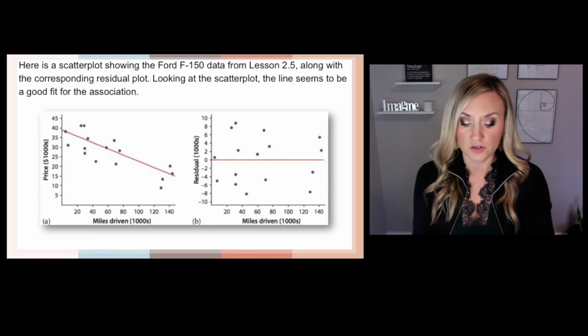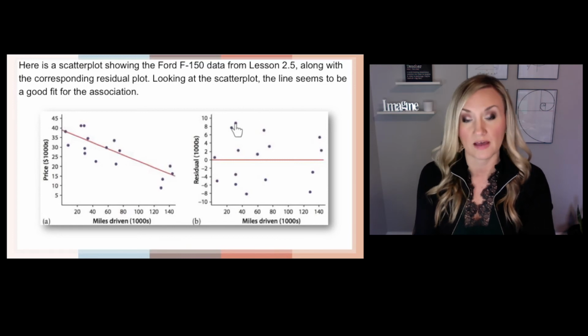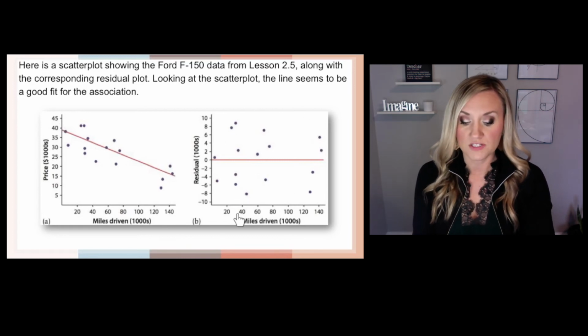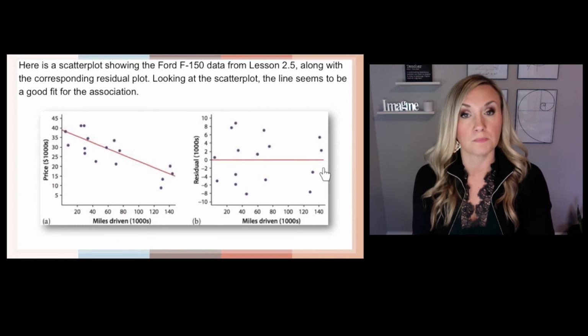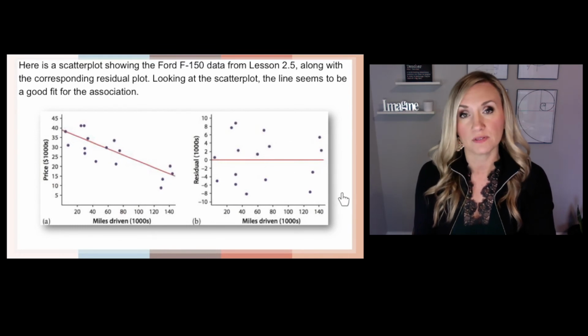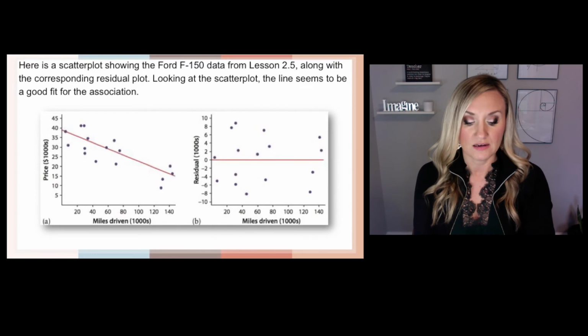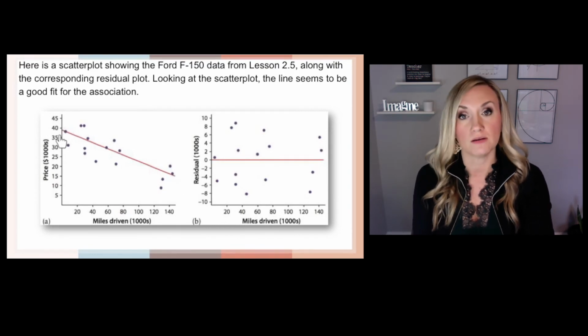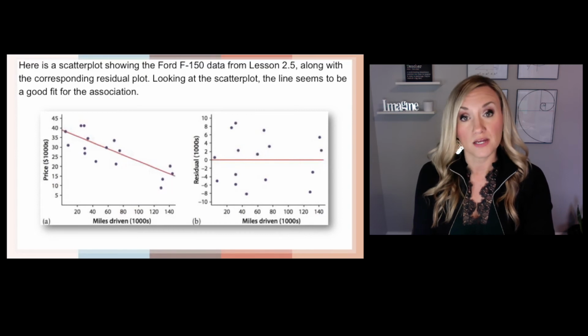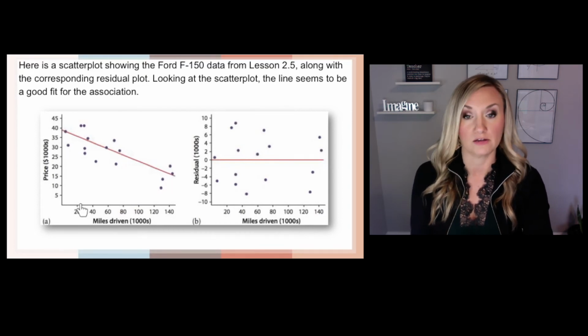If we look at the residuals, the distance from that line, and plot them on this residual plot, we notice that there is no pattern with our data at all. In fact, it's pretty scattered. Some of them are above, some of them are below. If that happens in our residual plot, then this line is a pretty good prediction to find the price of that truck with the miles driven.